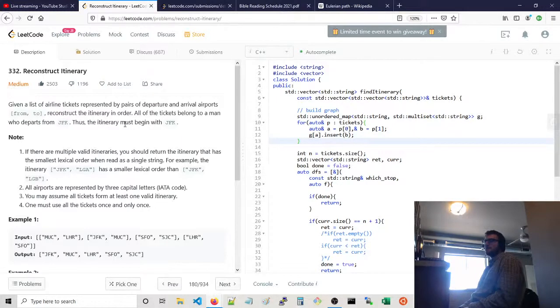The solution I came up with was to create an adjacency map, instead of using a vector of vectors. We're going to use strings to strings, so the keys are strings, and they map to a set of strings, and not just a vector of strings.